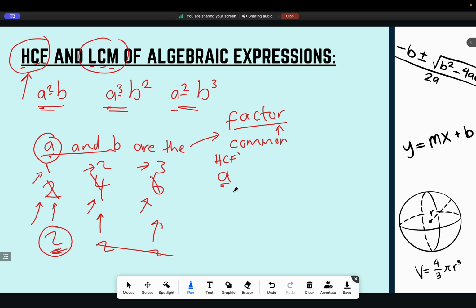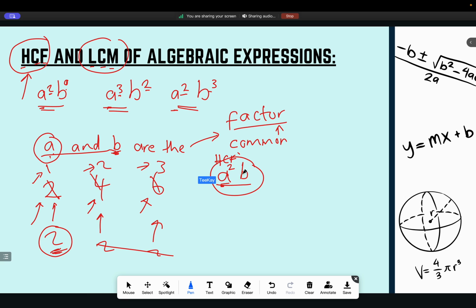Like here we have a squared. And b is also a common factor, so we look for the b with the lowest power. Here we have 1, because if we don't write a power, it means it's 1. Here we have 2, here we have 3. So we leave it as 1.